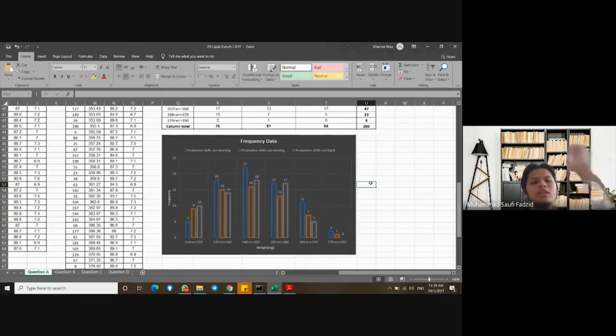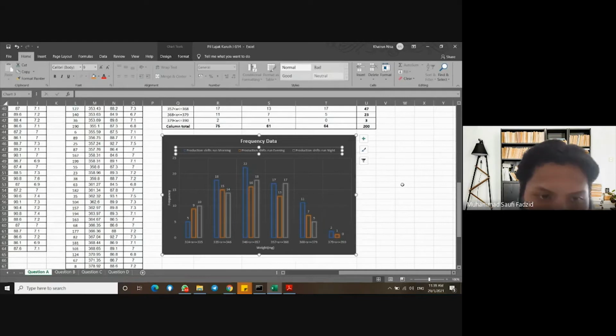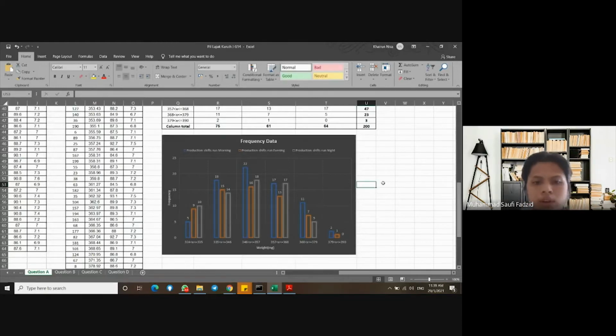For each range, we have three types of graph. The blue one is production shift run morning. The red one is production shift run evening, and the white one is production shift run night. So that's all from me.